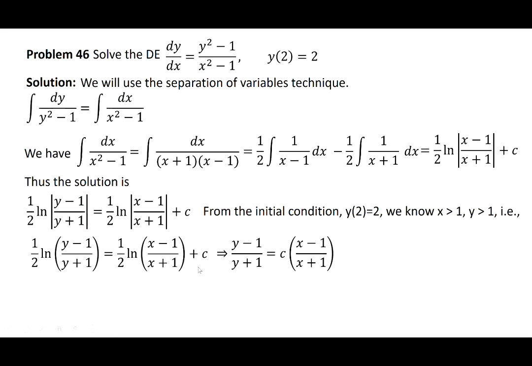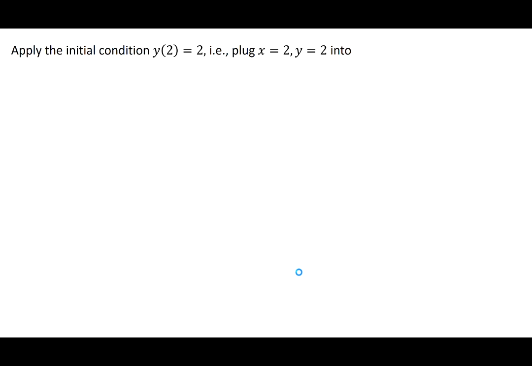I see. Well, I multiplied both sides by 2 and then raised to a power of e, and also replaced e to the 2c with a c. Maybe I should have made it into a slightly different c, but hell won't break loose. Okay, so we do that, and now I think we need to apply the condition.